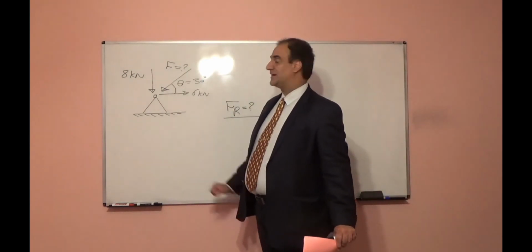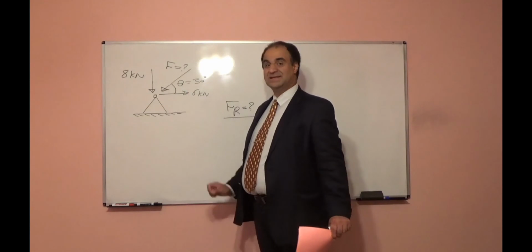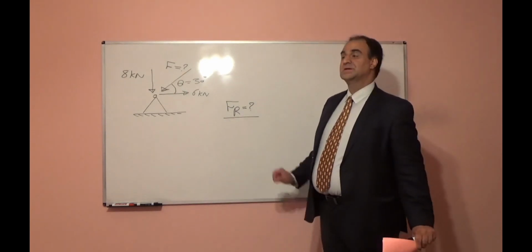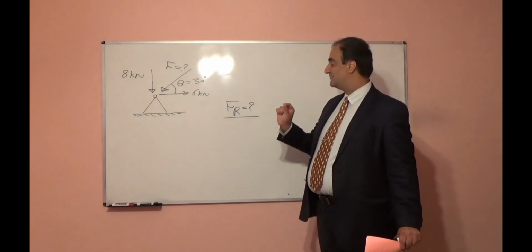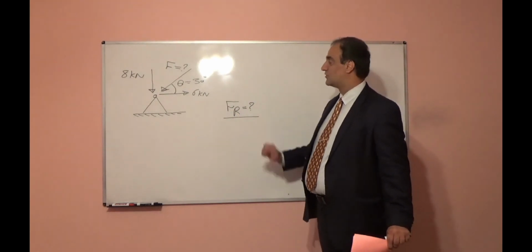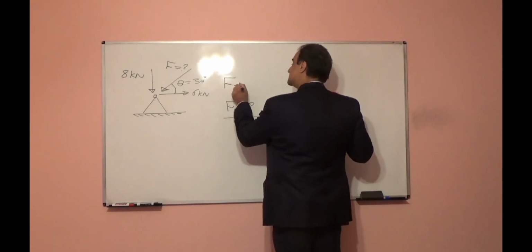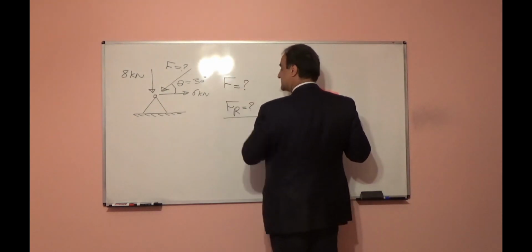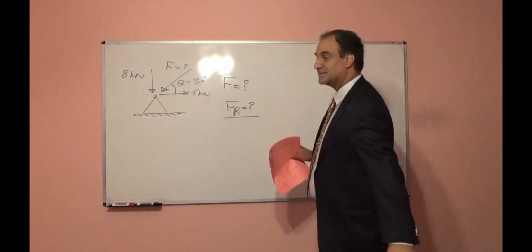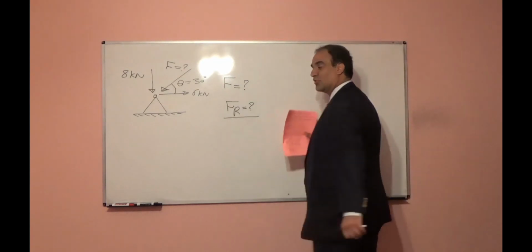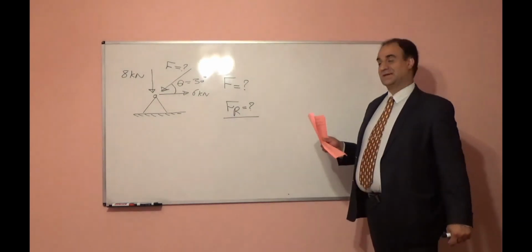We want to find the magnitude of this force in a way that makes the resultant force minimum. So we will minimize the resultant force magnitude. After finding this force magnitude, we will find the minimum resultant force magnitude.